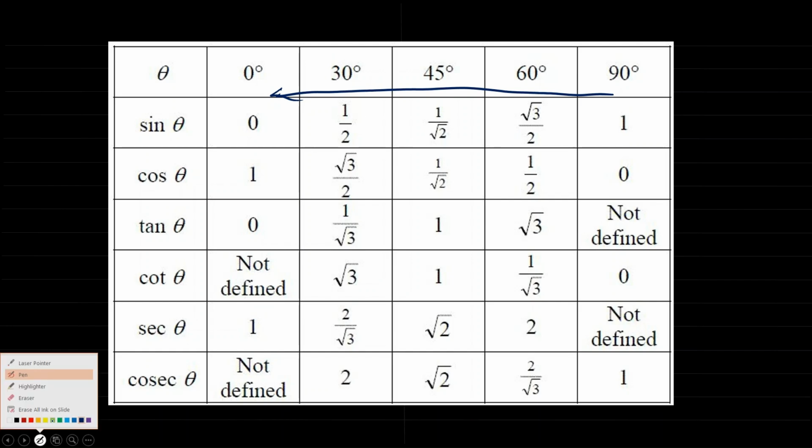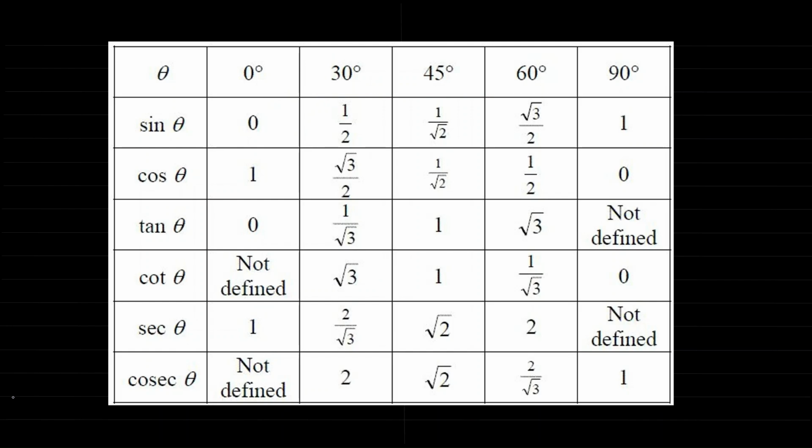Then for tan, we can just divide sine by cos, since tan theta is sine over cos. 0 divided by 1 is 0. 1 over 2 divided by square root of 3 over 2 is 1 over square root of 3, and so on. Similarly, once we have sine, cos, and tan, it is easy to find cot, secant, and cosecant because these three are reciprocals of sine, cos, and tan.